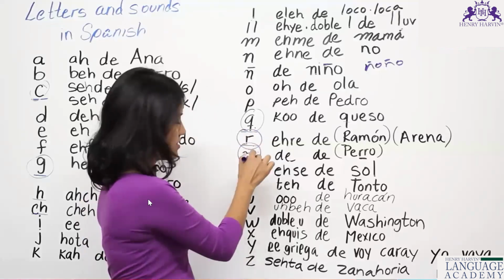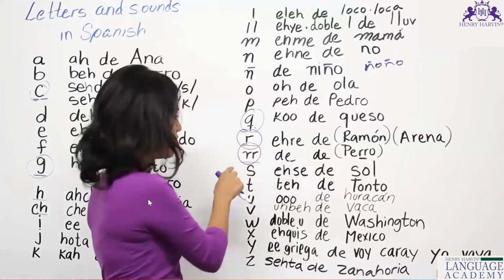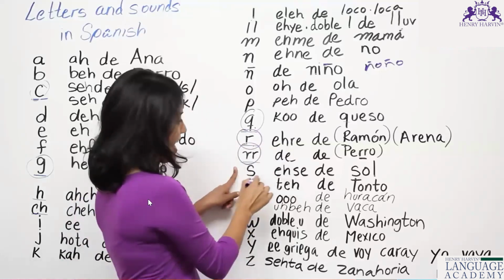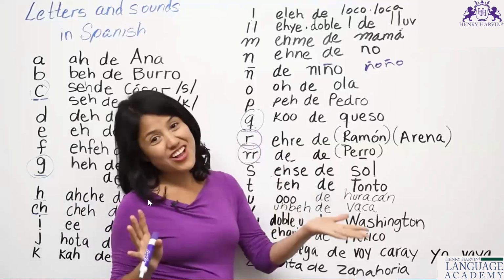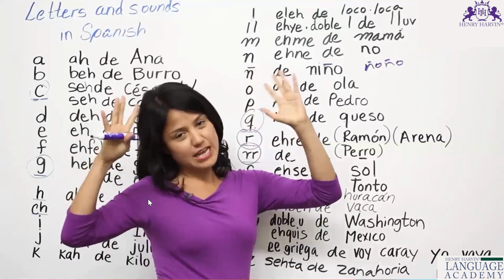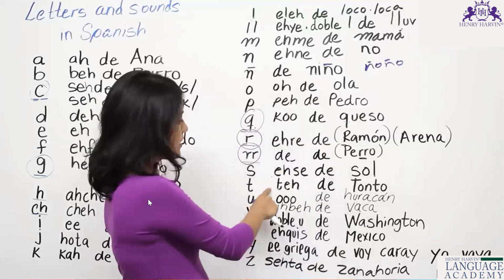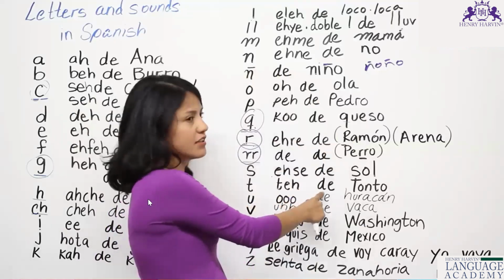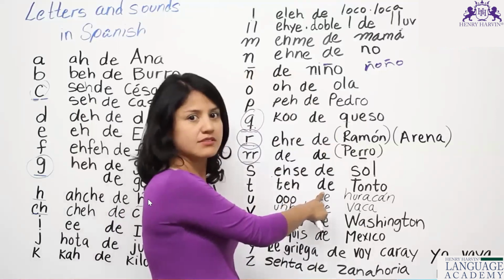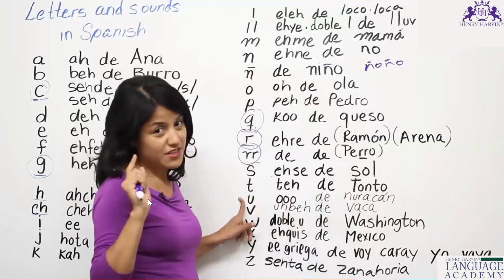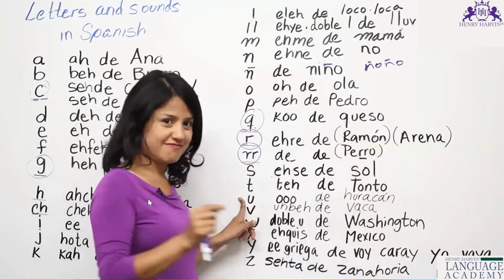These are two interesting cousins, okay? Almost twin sisters, and we're going to talk about them later too. S de sol, sol, en la mañana, el sol. Sun. Okay. Sun. T de tonto, dumb, tonto. But you're not like that. You're very smart. Tú eres muy listo.